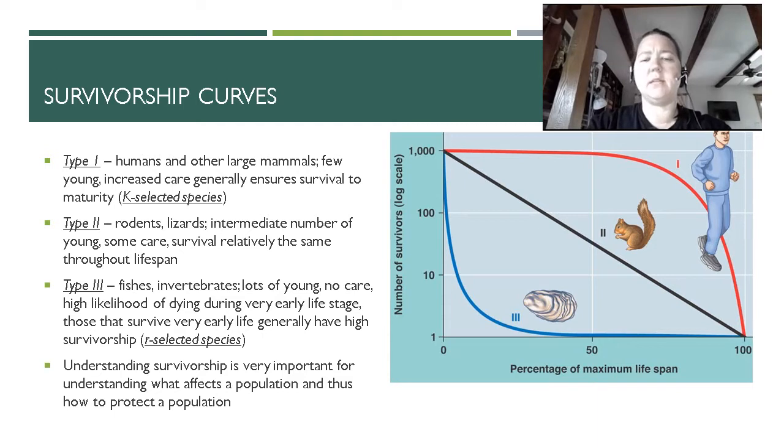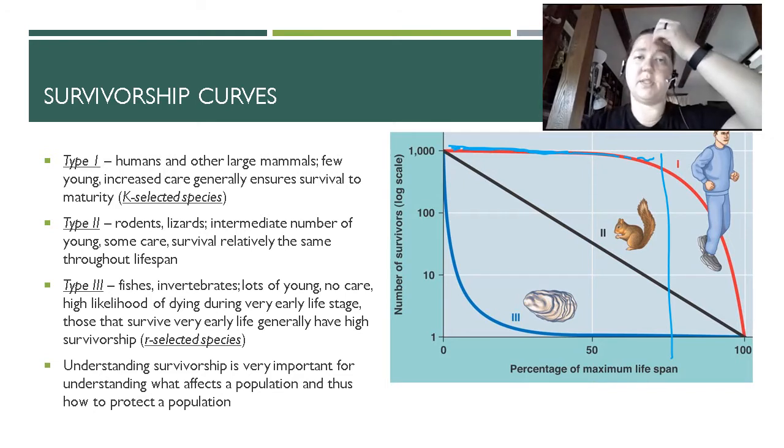So for humans, we are a type 1 curve, which means for the most part, as a species across the planet, we survive until we hit about, let's say, 75. Okay, so we're living, we're doing our thing, and then at about 75, that's where survivorship for the species starts to tail off.